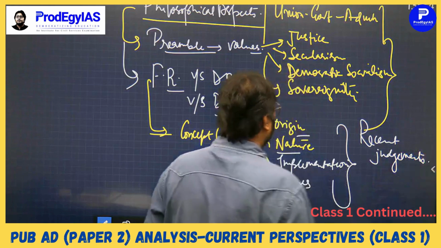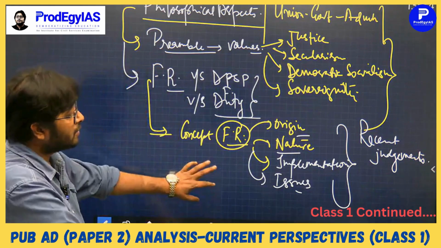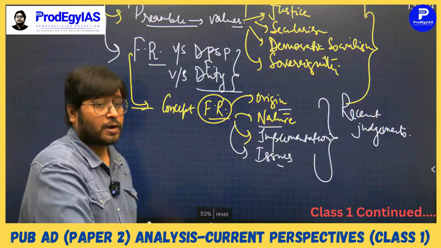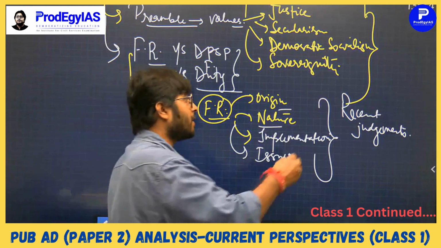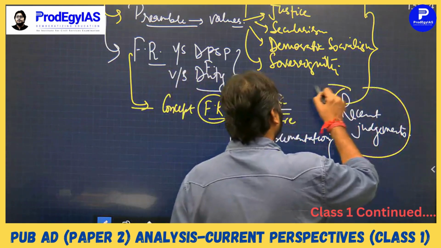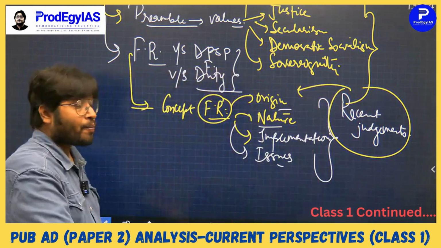So it is classified into origin, nature, implementation, issues, and जो भी recent judgments आए हैं, they are more or less influencing this question. Right?